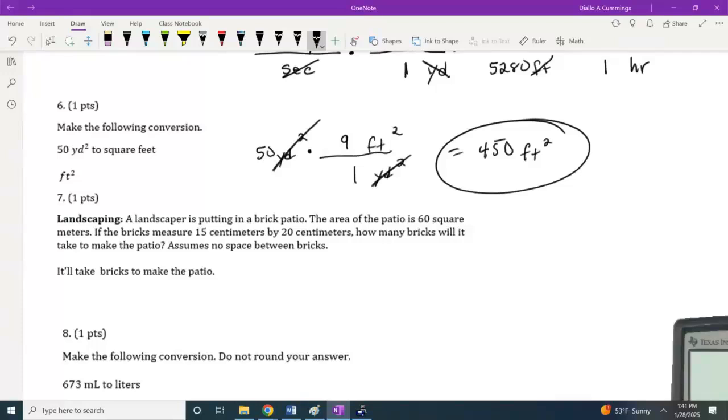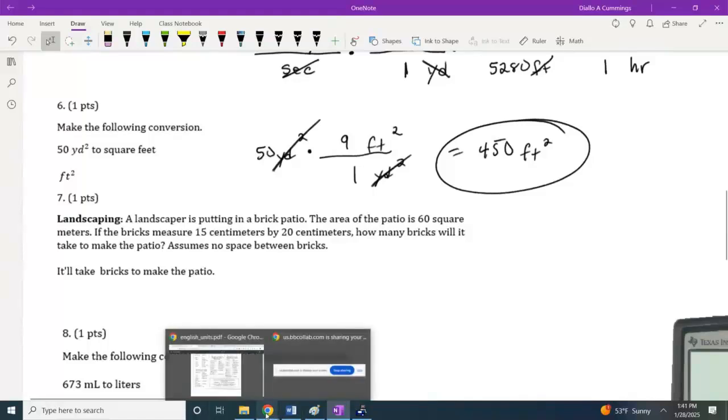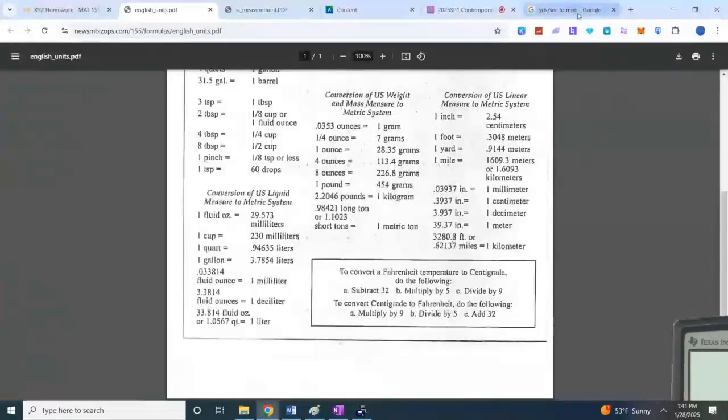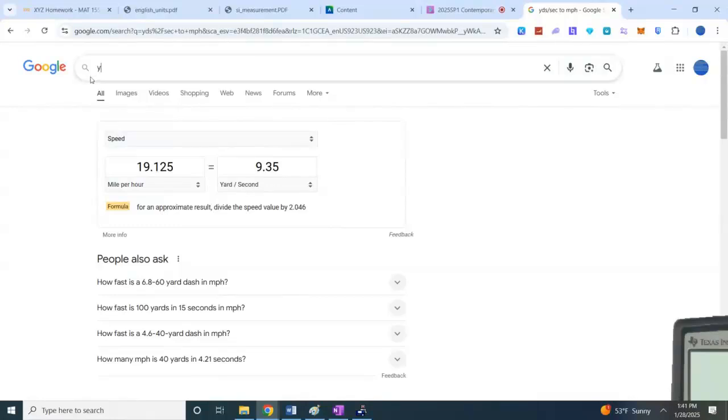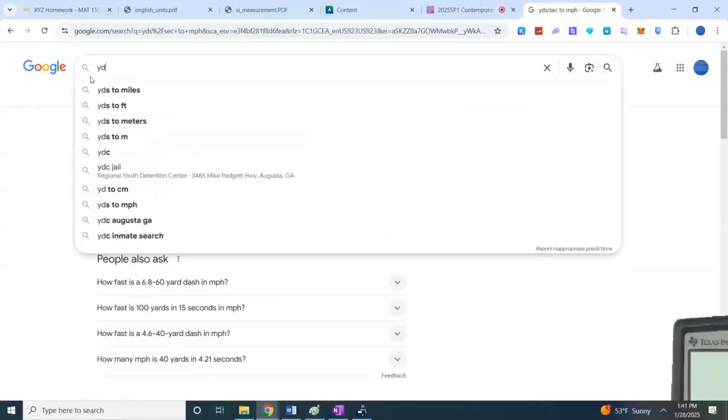Now I'm also going to pop it in Google just to see what Google has to say. So I'm going to pull up the search bar. Now, normally when you put a power in, you have to use something called a caret.